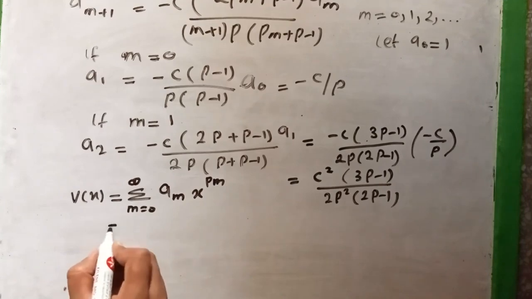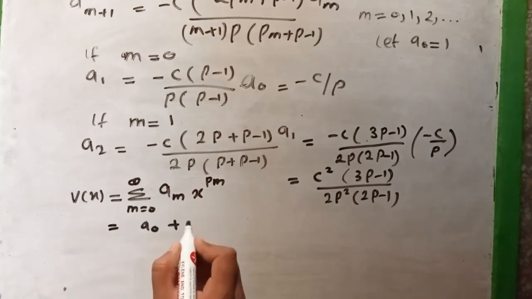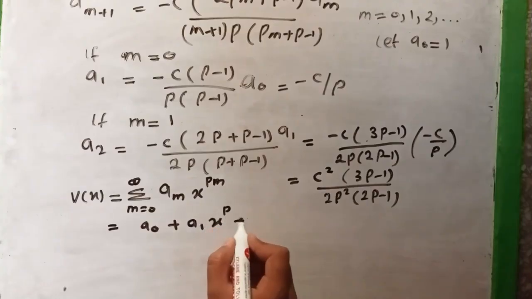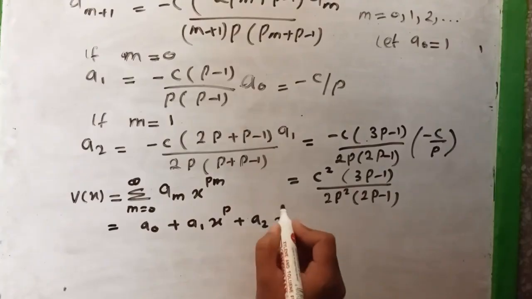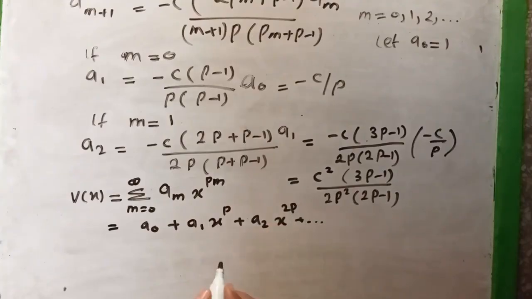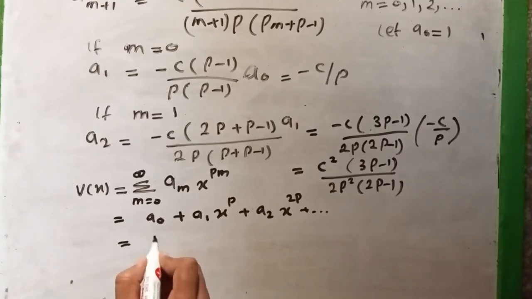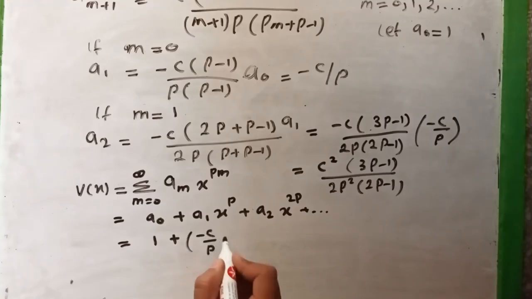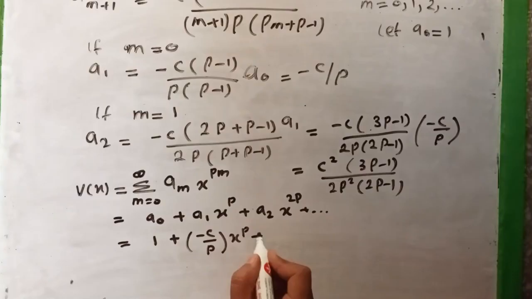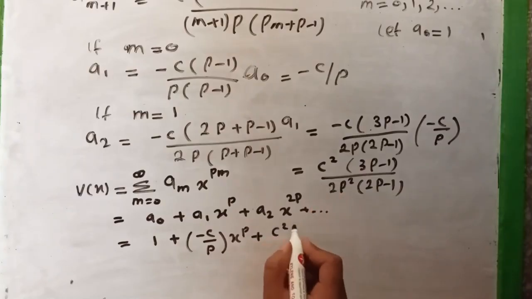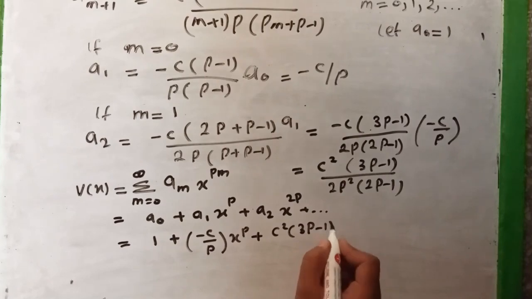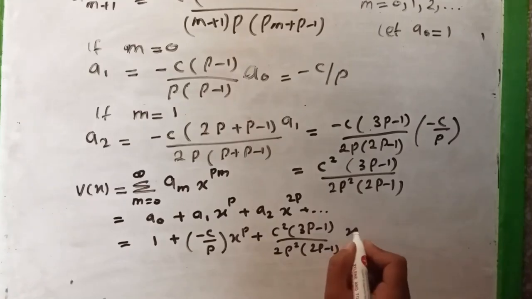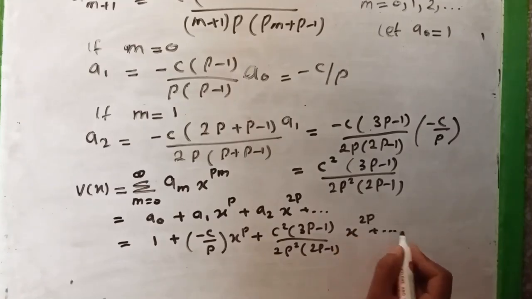If we open the summation, this becomes a naught plus a1 x raised to power p plus a2 x raised to power 2p plus so on. A naught is equal to 1, plus a1 is equal to minus c over p x raised to power p, plus a2 is c square multiplied by 3p minus 1 over 2p square multiplied by 2p minus 1 x raised to power 2p plus so on.